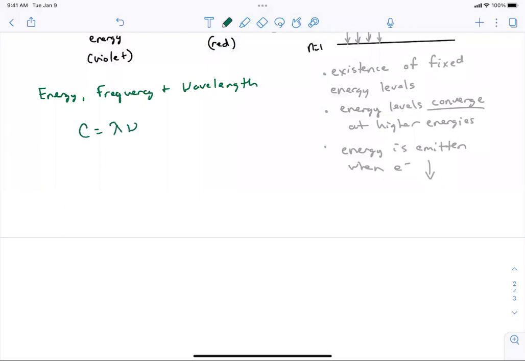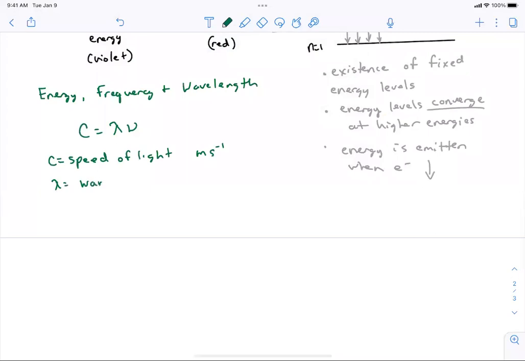Yes, those are Greek letters, and I'll tell you what each of those means. c is the speed of light in meters per second. That's given to you in your data booklet, so you don't need to memorize that.